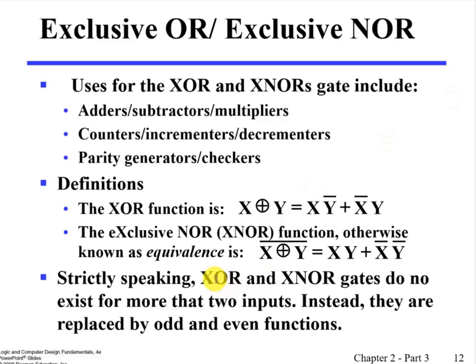Strictly speaking, exclusive OR or exclusive NOR gates do not exist for more than 2 inputs. Instead, they are replaced by odd and even functions when we have more than 2 inputs.